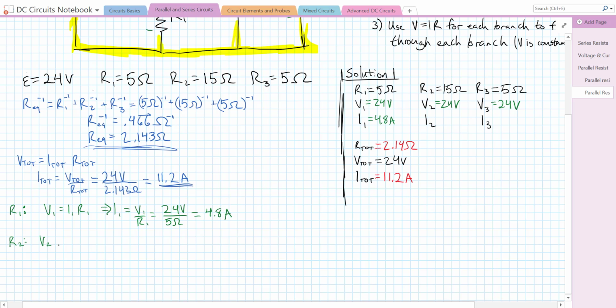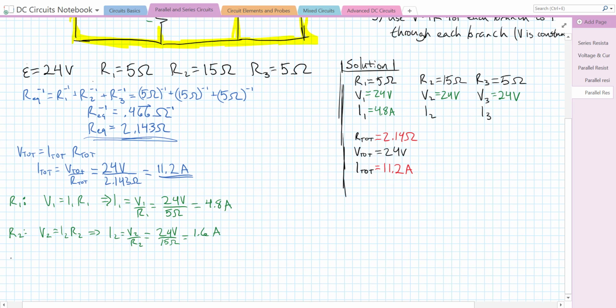I'm going to do the same thing for R2. V2 equals I2 R2, which implies I2 equals V2 over R2. 24 volts over, the resistance of R2 is not 5 ohms, it is 15 ohms. 24 over 15 ohms gives us 1.6 amperes.